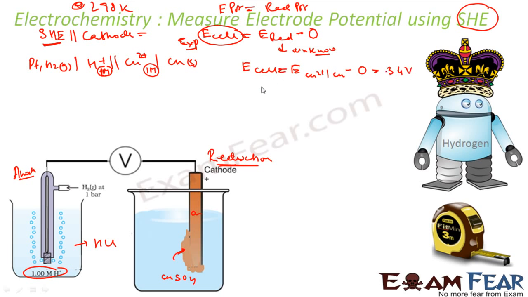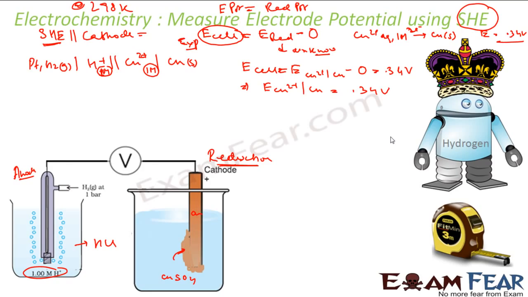So with this I can say that the reduction potential of copper 2 plus to copper is 0.34 volt. That means for this reaction, copper 2 plus aqueous, 1 molar, to copper solid, obviously 2 electrons are needed, the E value is 0.34. Correct?